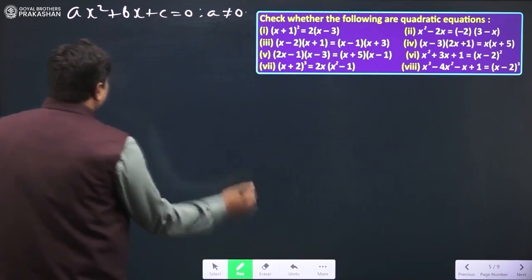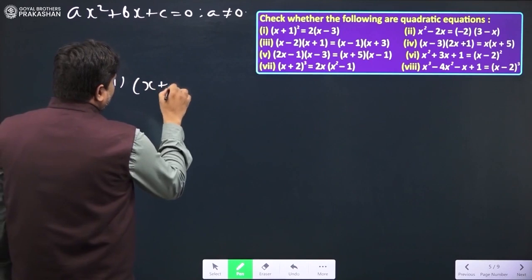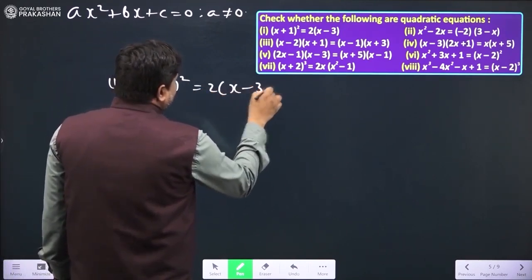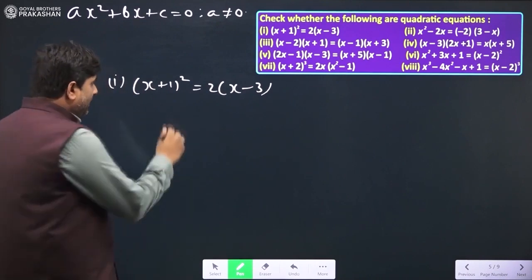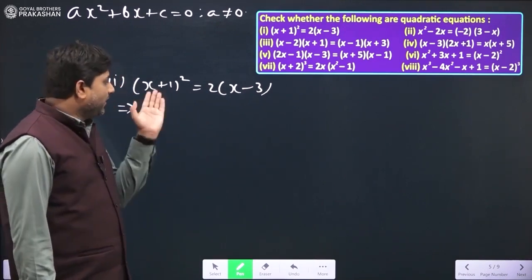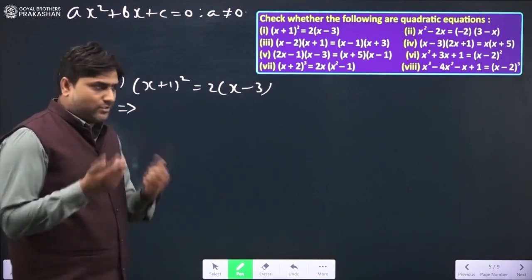So first part of the question is x plus 1 whole square is equal to 2 times x minus 3. Okay, so if we simplify, then first we have to apply a plus b whole square here. We know that a plus b whole square is a square plus 2ab plus b square.